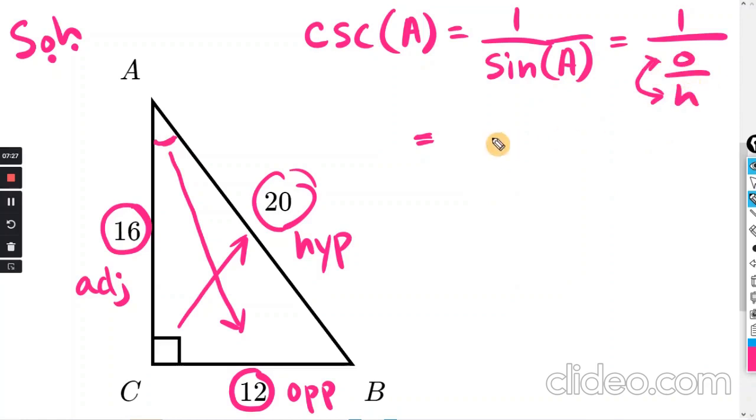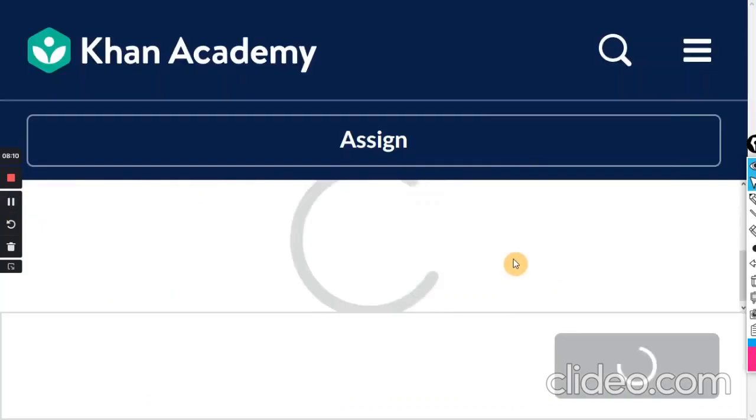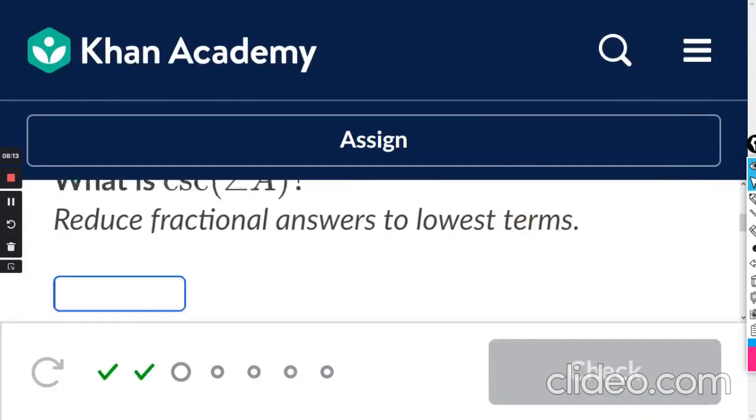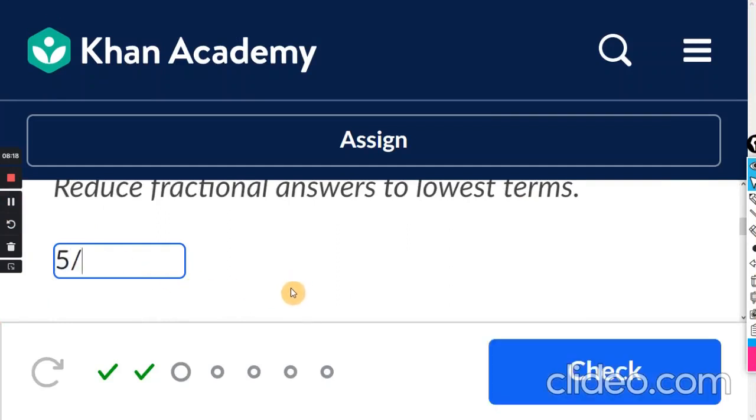So instead of opposite over hypotenuse, it's going to be hypotenuse over opposite. Hypotenuse is 20. Opposite is 12. These are both divisible by 4. 20 divided by 4 is 5. 12 divided by 4 is 3. So in the box, 5/3.